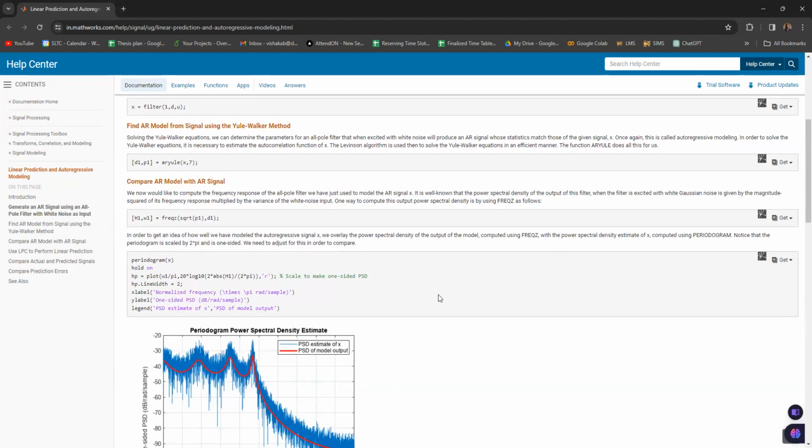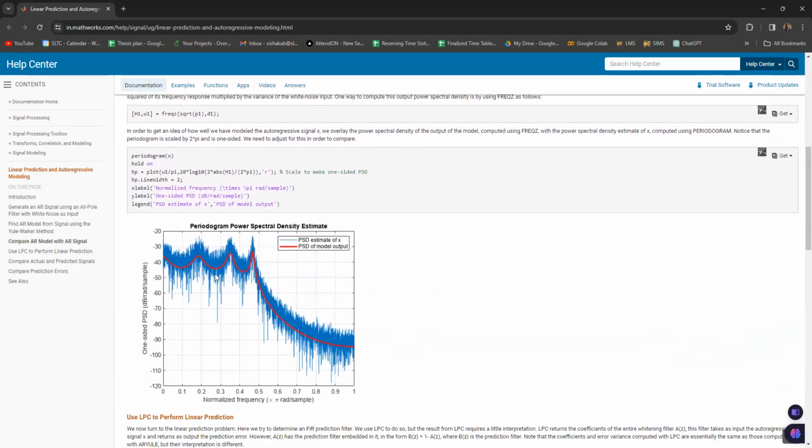And this figure shows the actual filter output, given by the blue lines, and it can be estimated using the model that we designed with the optimal filter.